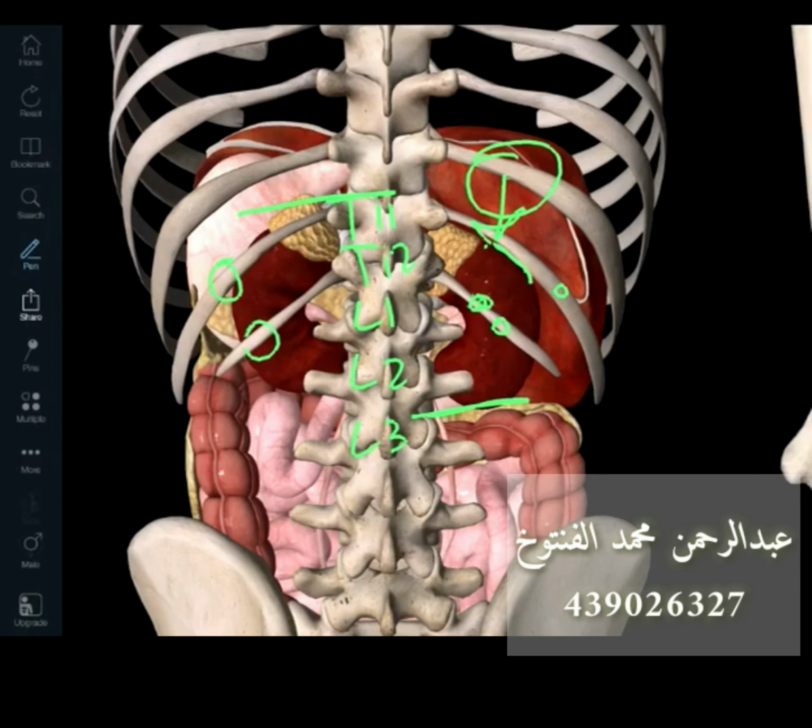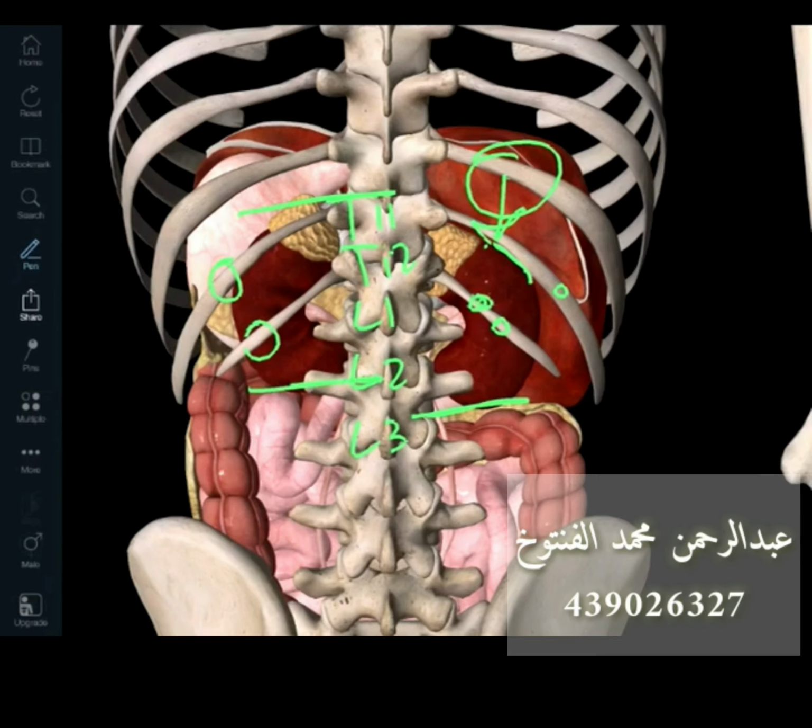That means it is more protected by the rib cage as compared to the right kidney. Also, its lower, or inferior, pole is reaching down to the level of the second lumbar vertebra.